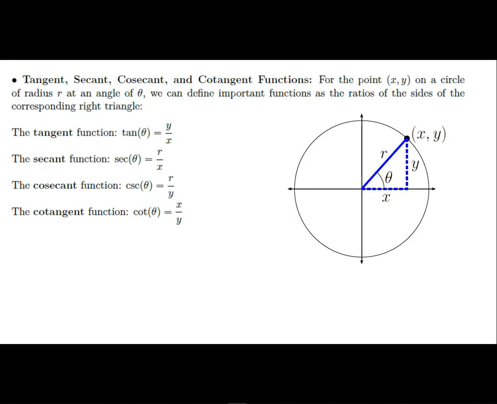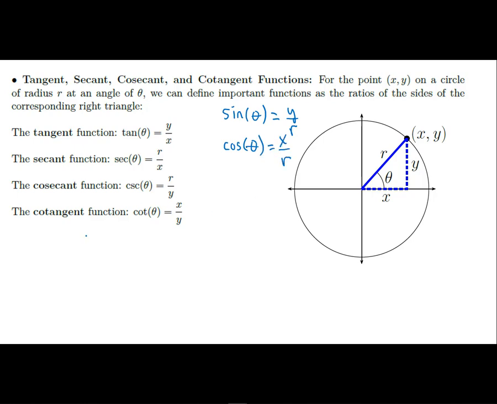All right, so the 4 functions are the tangent, the secant, the cosecant, and the cotangent functions. And so just as a reminder, the sine of theta is y over r in this picture, and the cosine of theta is x over r.